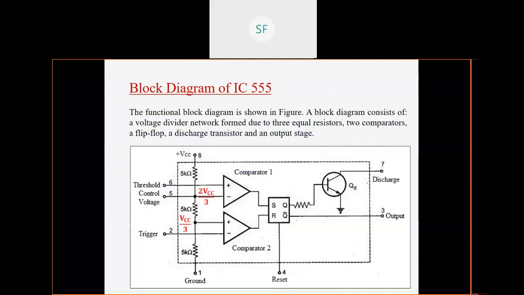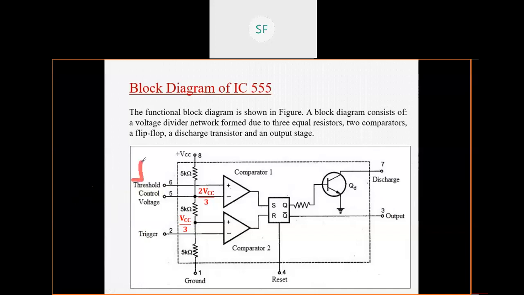Now we will go back again. What this point tells you is that pin number 6 is an external pin, so you can apply any voltage to this pin number 6. Let's say I have applied a high voltage here at pin number 6.